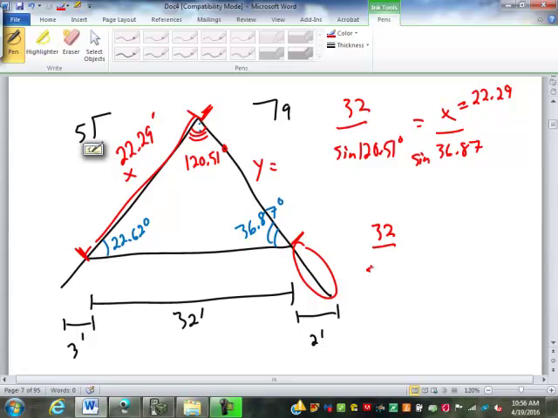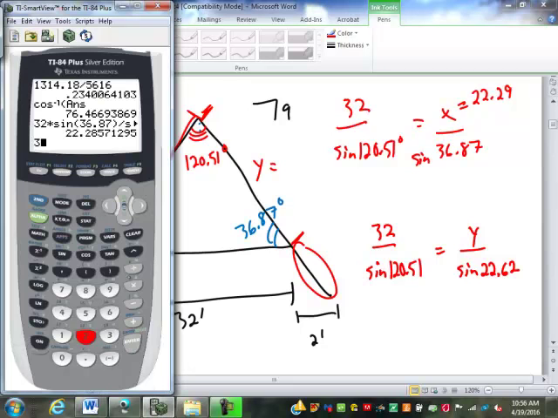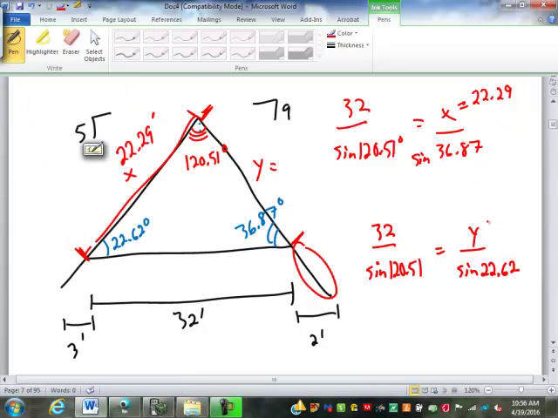So it's still 32 over sine of 120.51 equals Y over sine of 22.62. So 32 times sine 22.62 divided by sine 120.51 is 14.29.